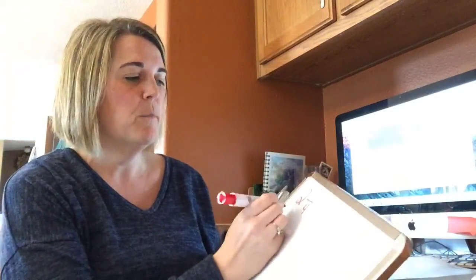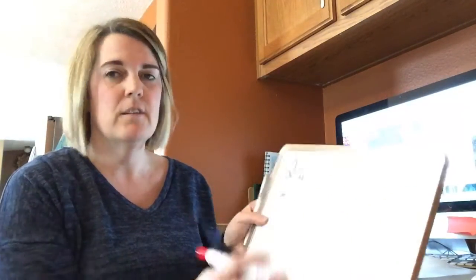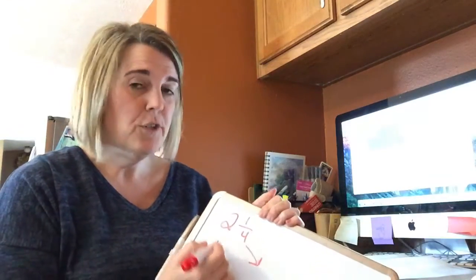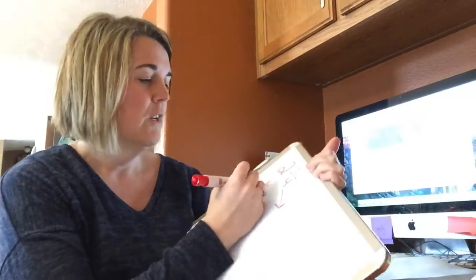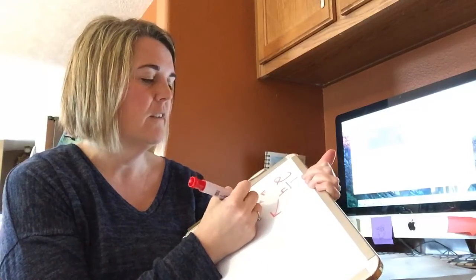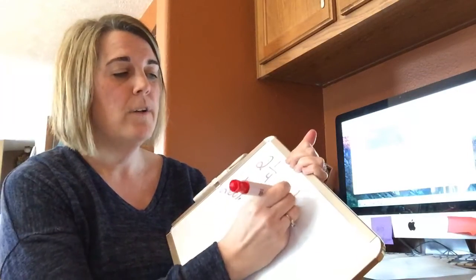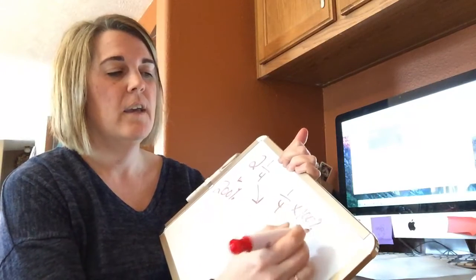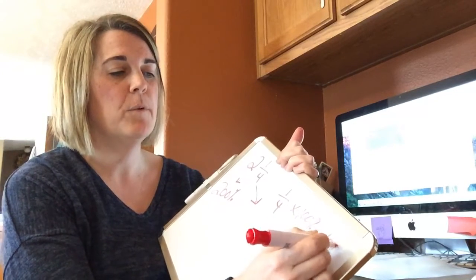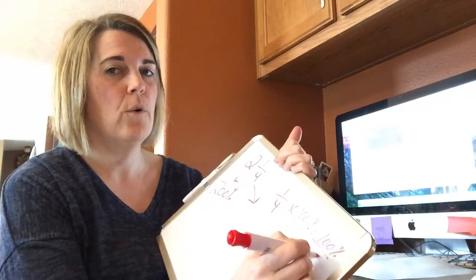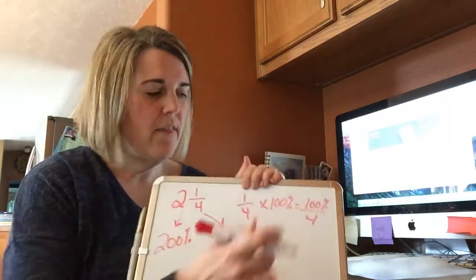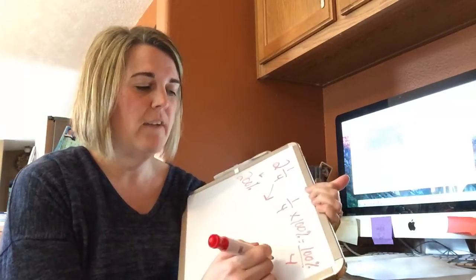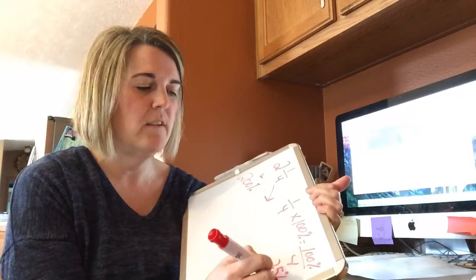First thing we're going to do is multiply this by 100% and this by 100%, okay? 2 times 100% is 200%, okay? 1/4 times 100% is equal to 100% over 4, and that is a division problem. 4 goes into 100 25 times, so that's 25%, okay?